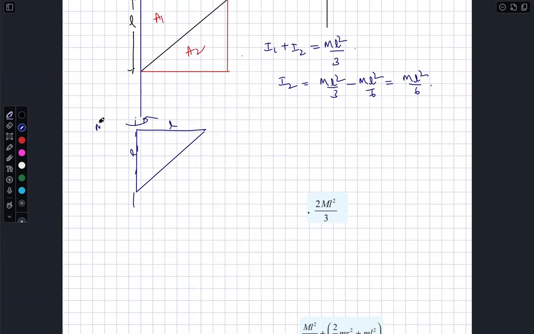This is moment of inertia ml square by 6. Trust me, for this also moment of inertia is ml square by 6.